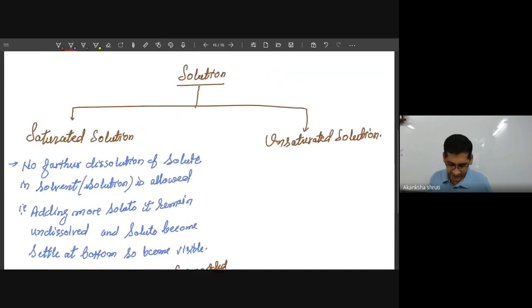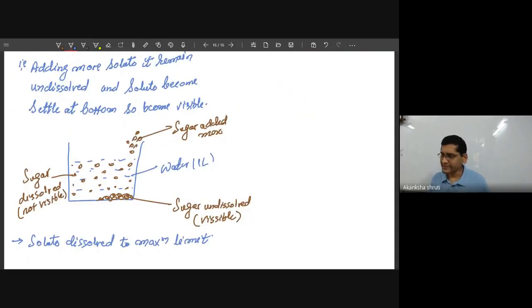Student, if I heat this solution, then it is possible that some of the undissolved sugar will dissolve again. Heating increases the dissolution capacity.